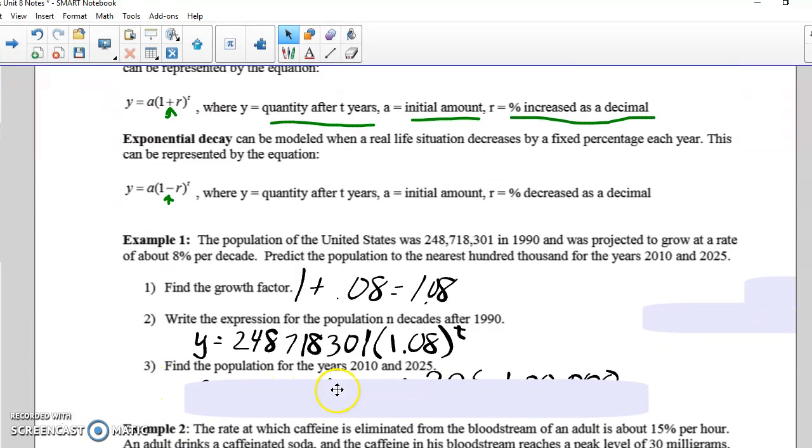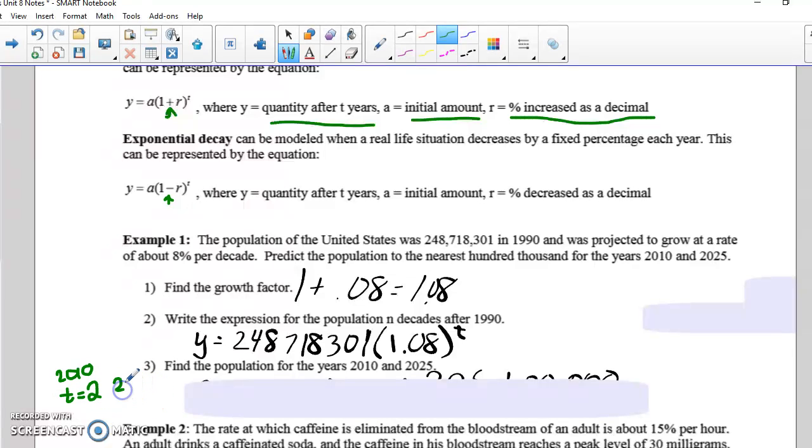Now we want to find the population for the years 2010 and 2025. To do that, you just have to identify what t is. In the year 2010, for example, that would be 2 decades after, so our t would be 2. Plug in 2 and see what you get.